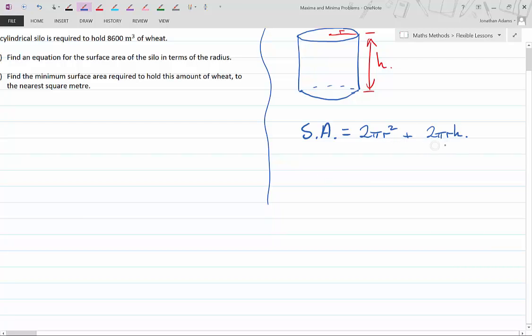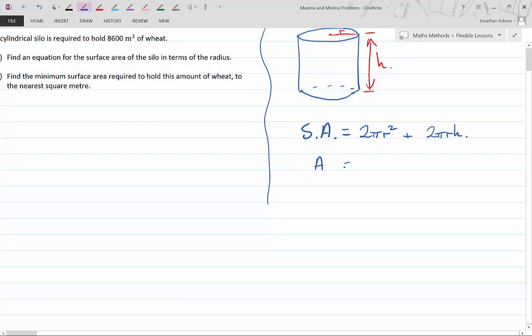I'm not going to prove that now, but it's straightforward to show. If you imagine unfolding the cylinder, the middle part gives a rectangle with height h and width 2 pi r, the circumference of the circle.